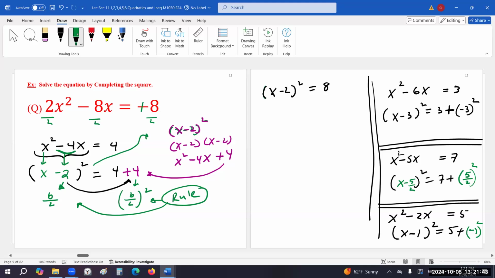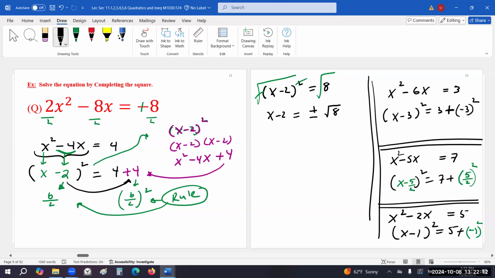Why? Because now you're going to solve. Solving this is easy. Why? We have to do what? Square root. And when you do the square root, no more square. It's simple x. So we get x minus 2 equals plus or minus square root of 8.